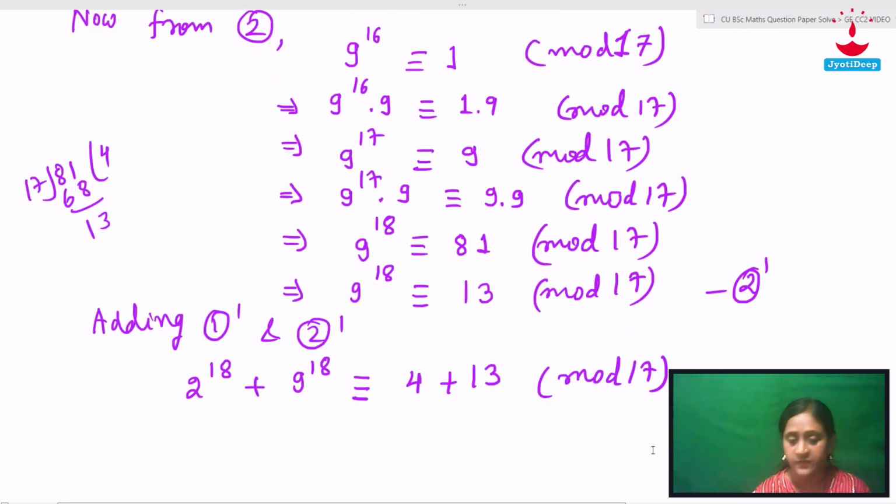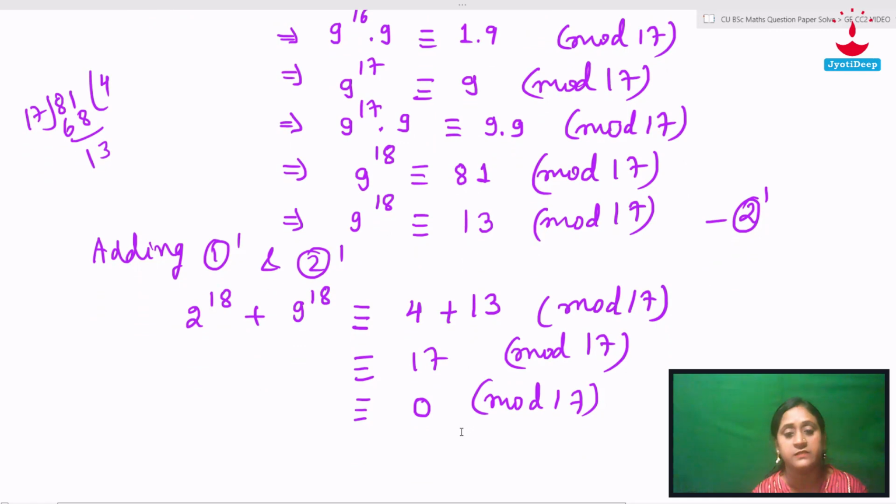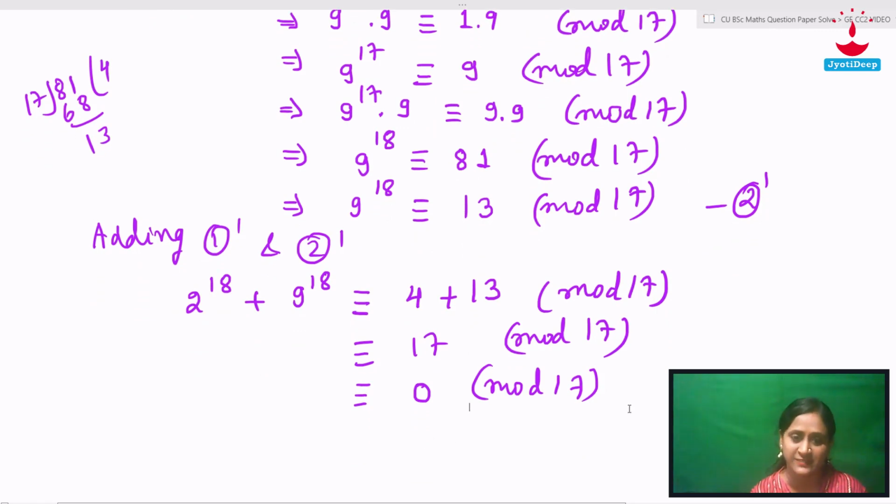Okay, so this is congruent to 17 under mod 17, and 17 1 is 17, it is divisible, so the remainder will be 0. That means 2 to the power 18 plus 9 to the power 18 is congruent to 0 under mod 17.